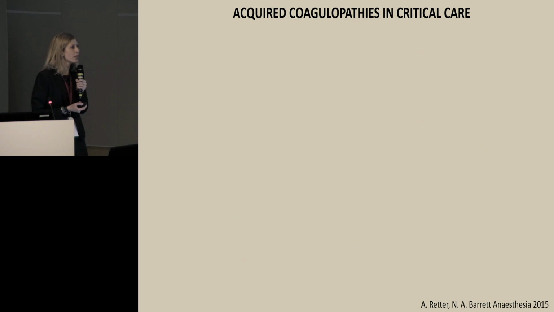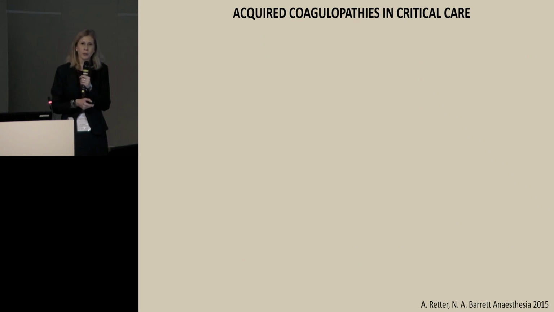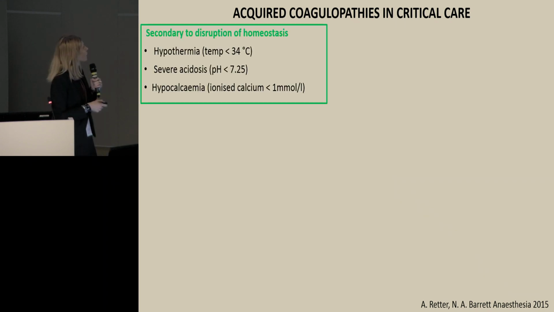We have many, many causes of acquired coagulopathies in critical care. And if we think about them, we can structure them in some main categories. We can have them secondary to disruption of homeostasis in patients that have very severe hypothermia, very severe acidosis, or very low calcium levels.